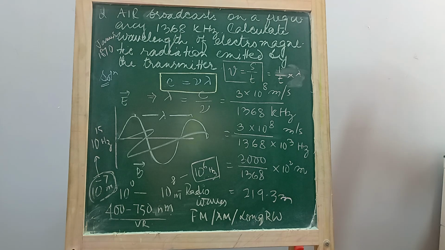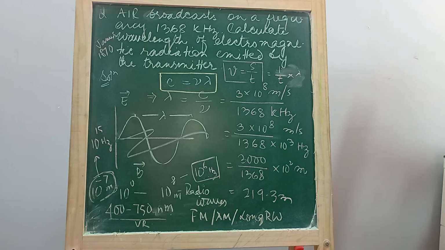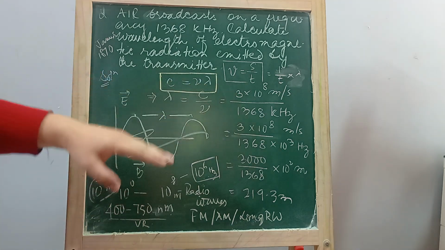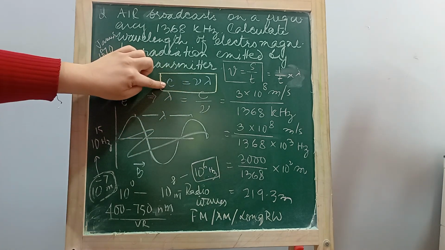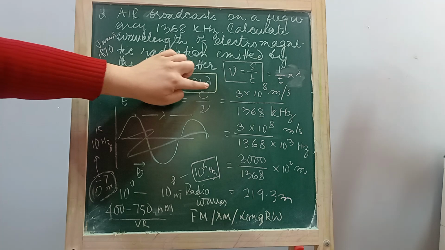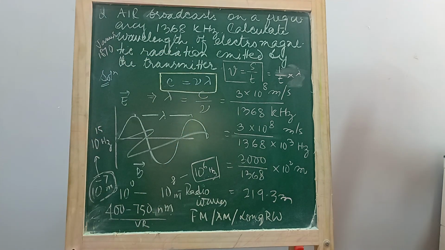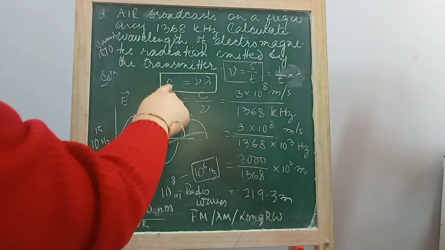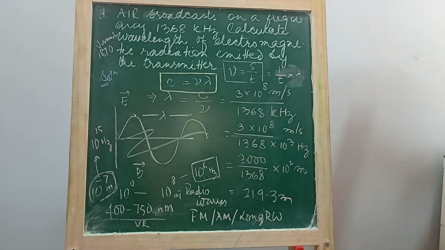Now let's put the given values in the equation. This is the equation which depicts the relationship between the velocity of electromagnetic wave, its frequency and wavelength. c is equal to nu into lambda. So if you want to calculate the wavelength, denoted by lambda, it will be c divided by frequency, where c is the velocity of light in vacuum.